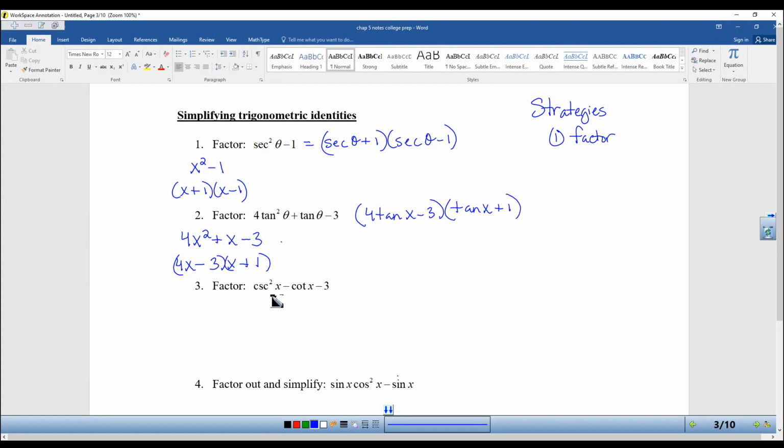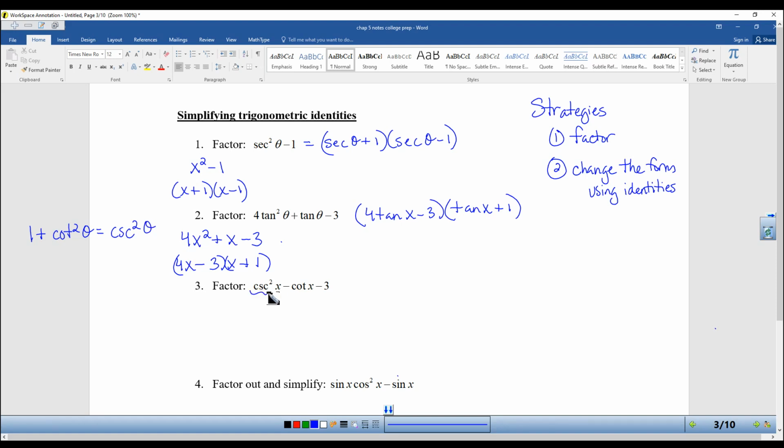Now, of course, sometimes you don't have the same trig function. This is where another strategy comes in, which is change the form using the identities. So hopefully you have all your identities from chapter 4. When you see a cosecant squared, hopefully you're thinking about the Pythagorean identity, which says 1 plus cotangent squared is equal to cosecant squared.